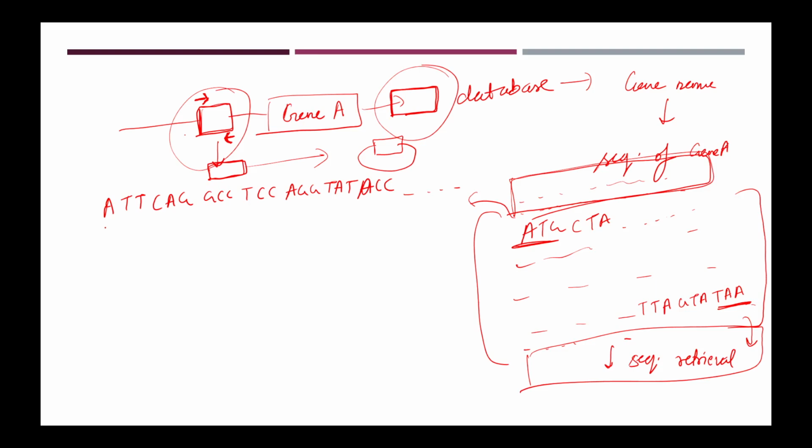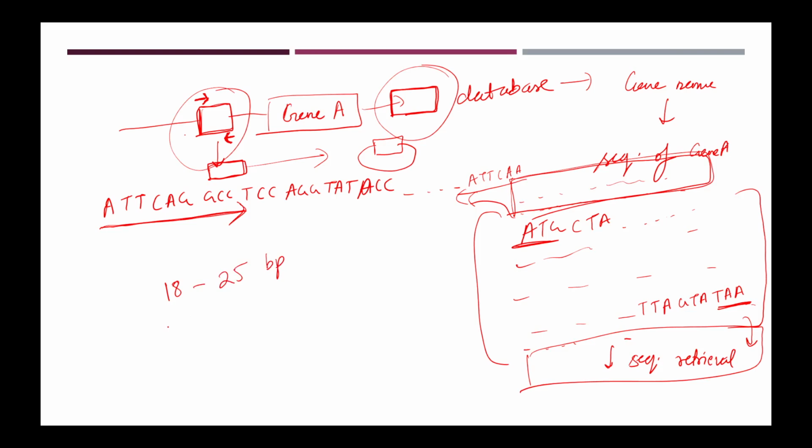So you make a forward primer, and similarly a reverse primer. To make a primer, there are certain requirements. It should be at least 18 to 25 base pairs long.